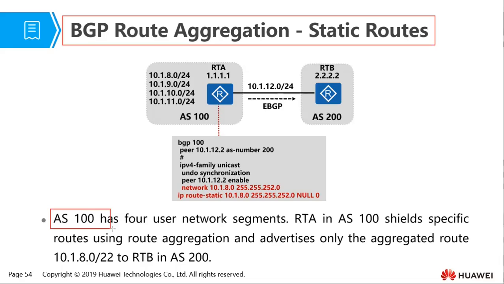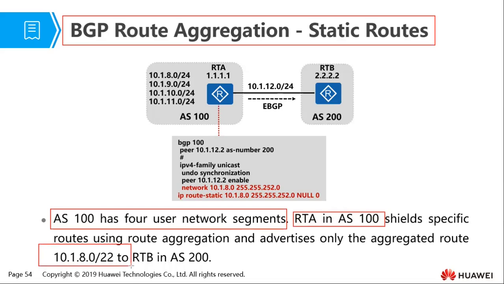Okay, AS100 has 4 network segments. RTA in AS100 shields specific routes using route aggregation and advertises only the aggregated route, the summarized route 10.1.8.0/22, to RTB in AS200. So it's only going to advertise the summarized route.